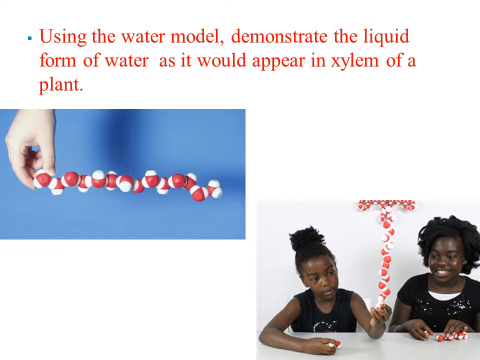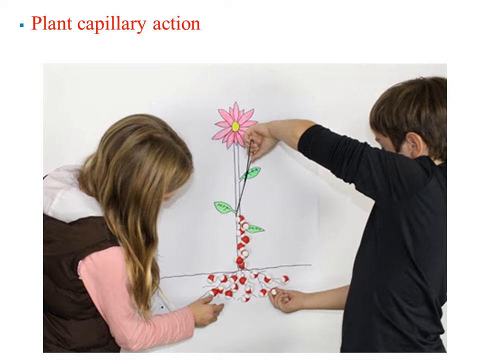The bottom water molecule is attracted to the water molecule that is directly above it. So in plants, capillary action is how it gets up the stem, and it's nothing but cohesion and adhesion working together to get the water up the xylem of the plant.